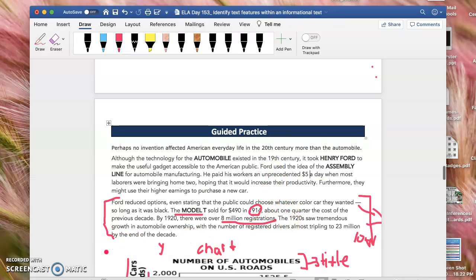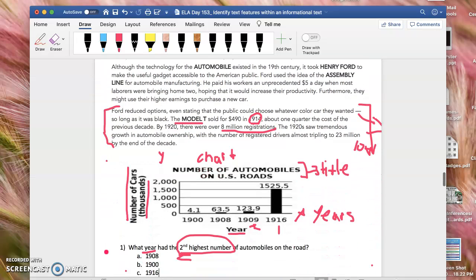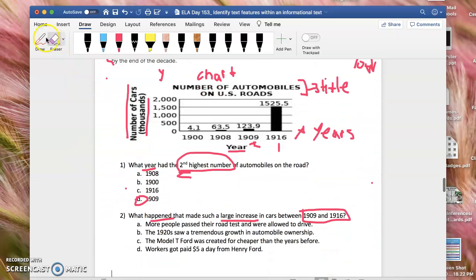And so when we look down to number 2, it says A, more people passed their road test and were allowed to drive. Nope. B, the 1920s saw a tremendous growth in automobile ownership. C, the Model T was created for cheaper than the years before. Or D, workers got paid $5 a day.